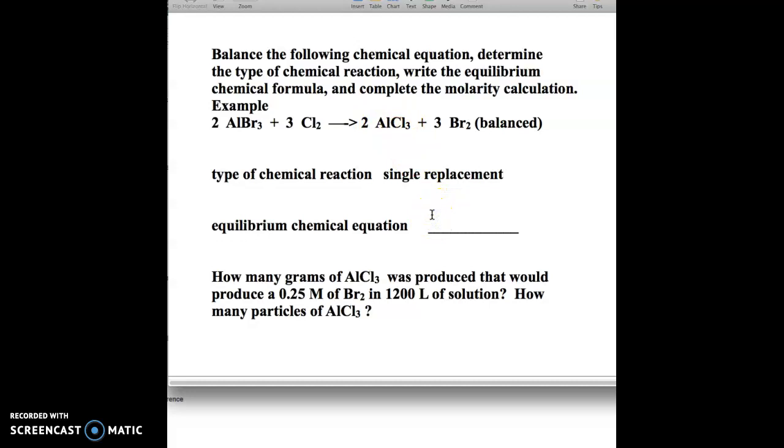Then you're trying to do the equilibrium chemical equation. Bracket, bracket, bracket, bracket. Here you take your products on the top.